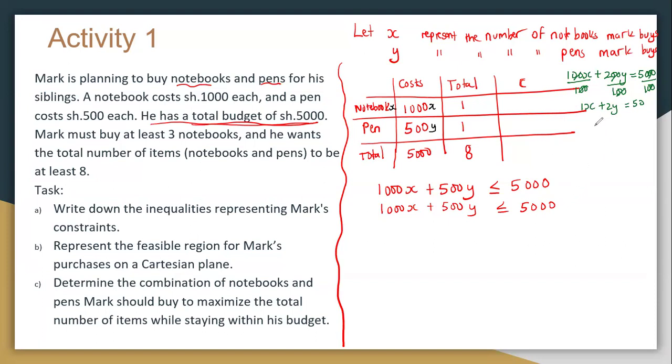Alternatively, if you want to, you can first draw your table and say, I have 1,000, I have 500, and I have 5,000. Then you ask, what is my highest common factor? Let me say, when I divide by 100, here I remain with 10, here I remain with 5, here I remain with 50.